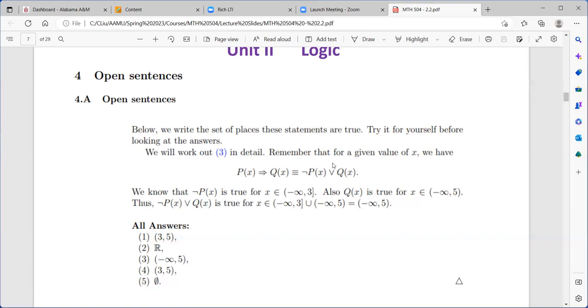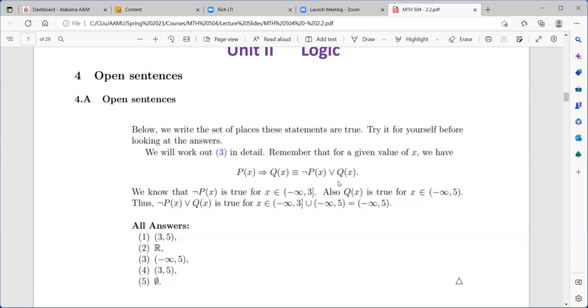Okay, then we are considering when the negation of P of x is true and when Q of x is true. And we know when x is less than or equal to 3, the negation of P of x is true, and when x is less than 5, the Q of x is true.